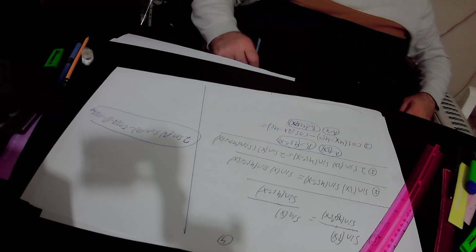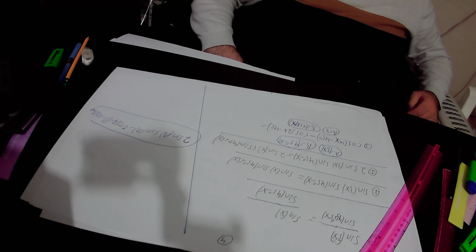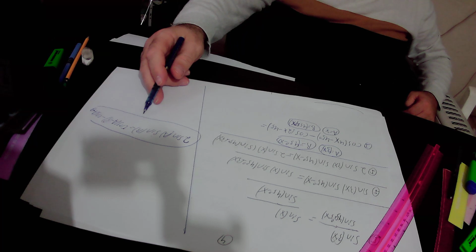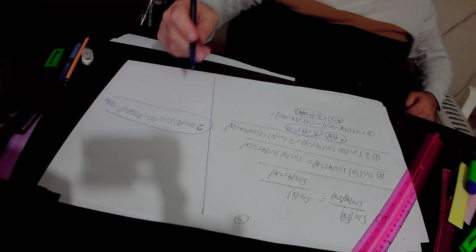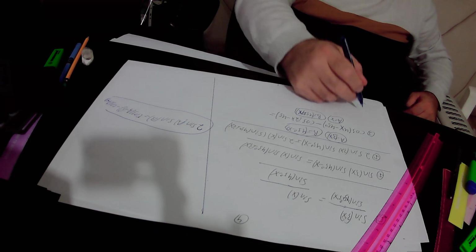So 2 sine x sine 45 degrees plus 3x, according to this trigonometric identity, will be equal to cosine A minus B.